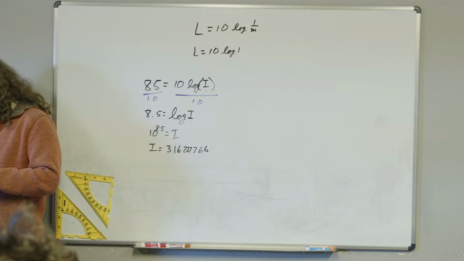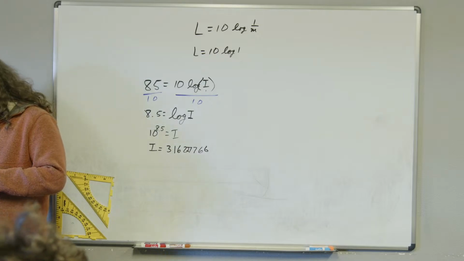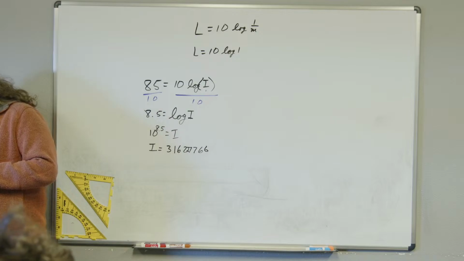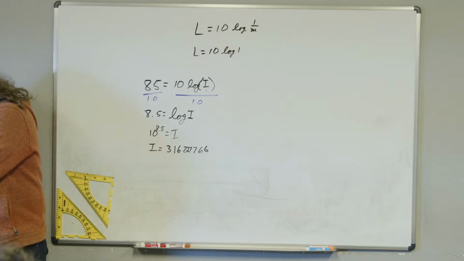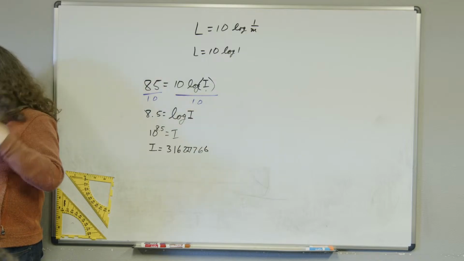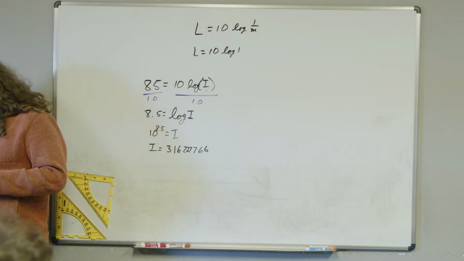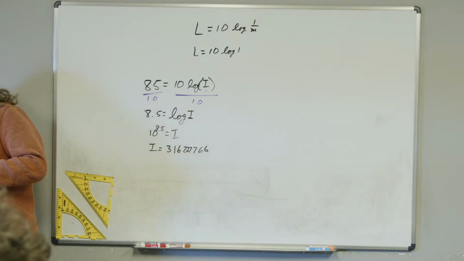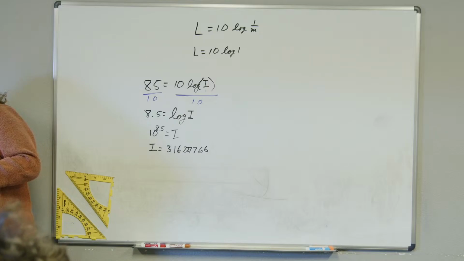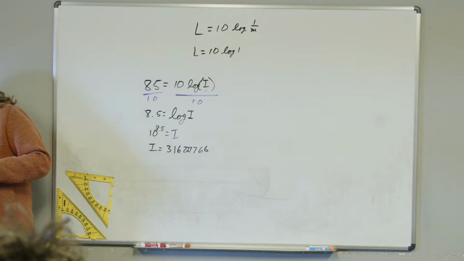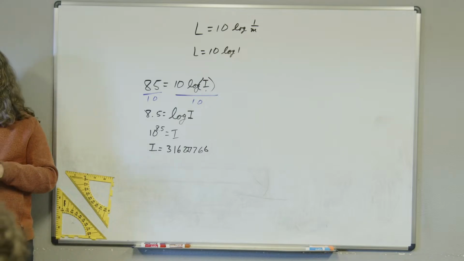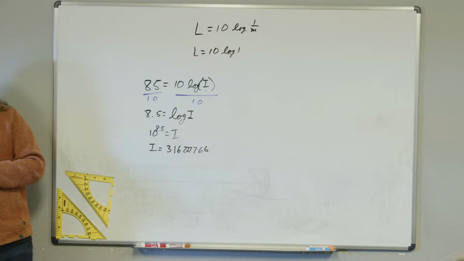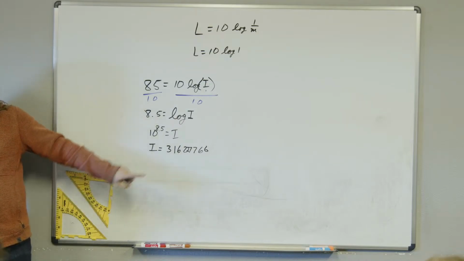Figure out how many times the minimum intensity of sound detectable by the human ear was the car with the old muffler. I is the intensity of sound and M is the minimum intensity of sound detectable by the human ear. Oh, M is the minimum. Good, great. So it's that many times, because in order to get from 1 to that number, you have to multiply it by that number.